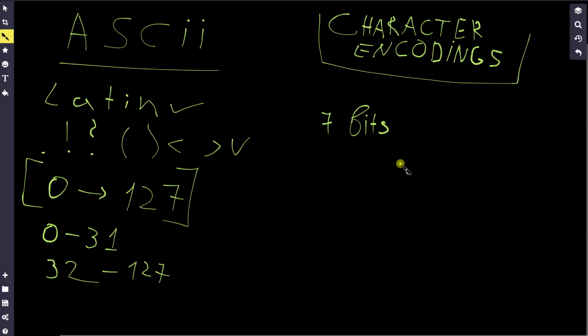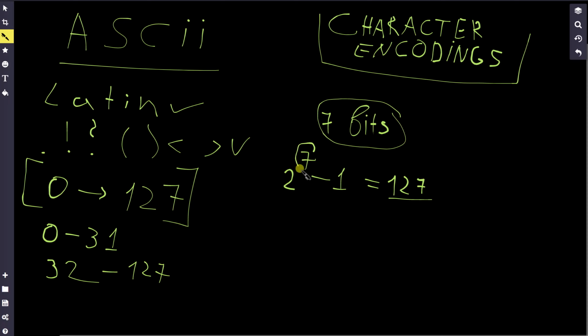A bit is the smallest piece of information that computers can process. Now, if we have only 2 possible values for every bit, then we can use a special formula written in the following way. This is going to give us 127. This is the maximum number that we can represent with 7 bits. So here is this 7.